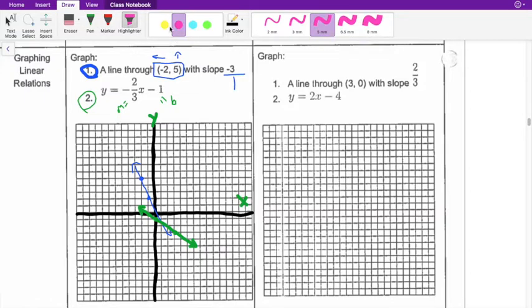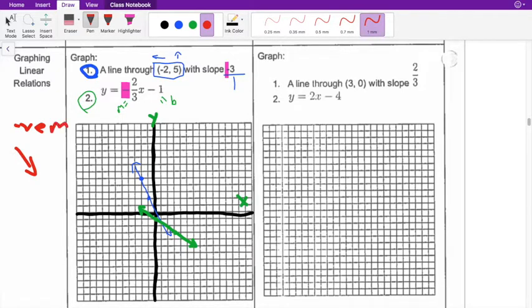Remember, if it is negative slope, you have a line that is going to go downwards, right? Negative slope. A negative m is going to go downwards. Positive m is going to go upwards. All right. So pause it here. I'll let you do the next question.